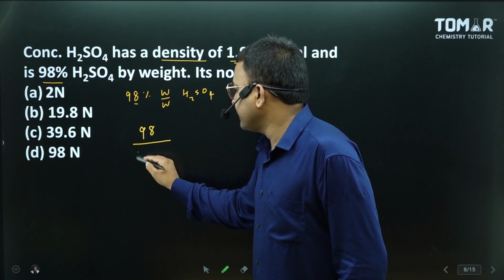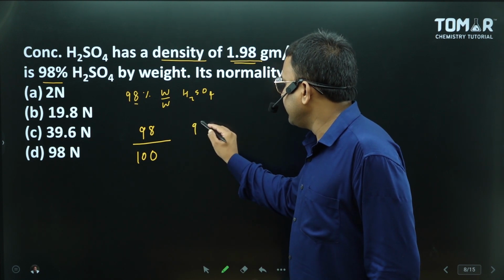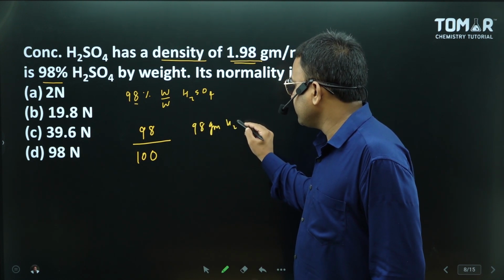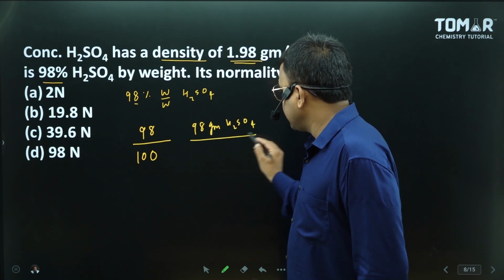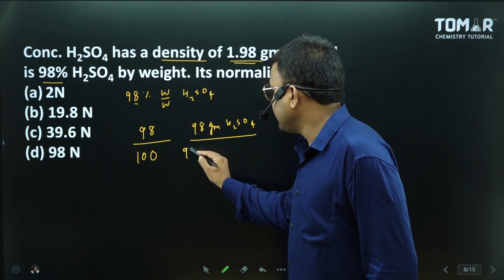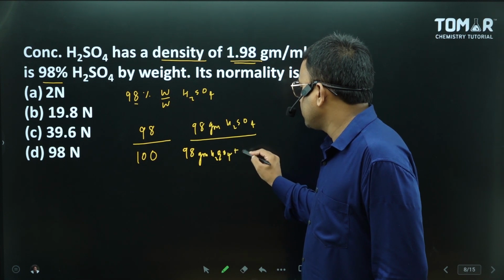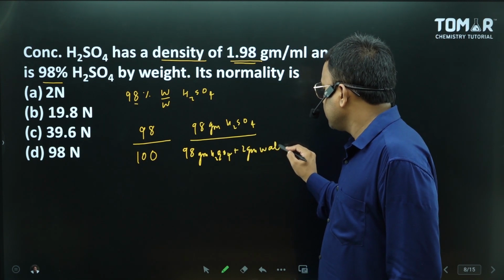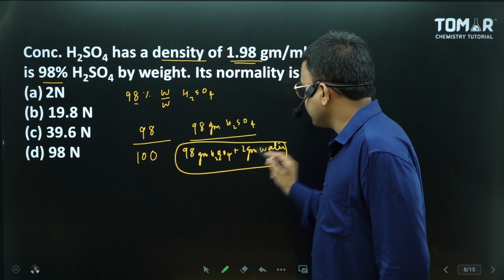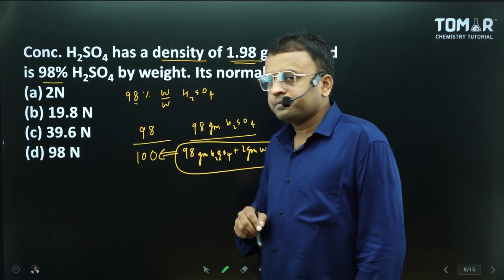We can write it 98 by 100: 98 gram H2SO4 plus 2 gram water. So the resulting solution will become 100 gram.